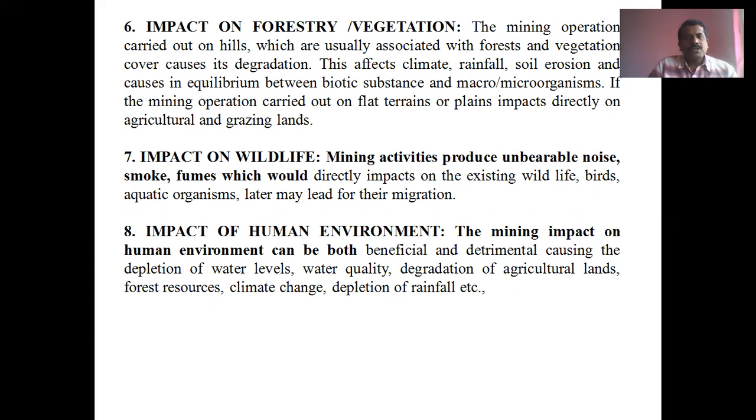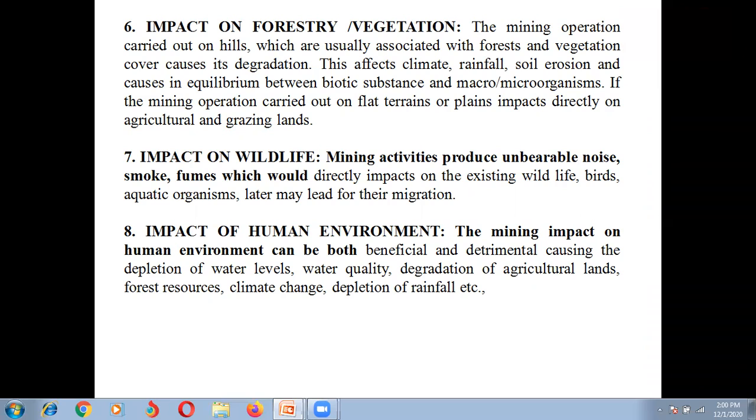Mining operations carried out on hills, which are usually covered with forest and vegetation, cause its degradation. This affects the climate, rainfall, and soil erosion, and disturbs the equilibrium. That equilibrium will change because of this pollution.